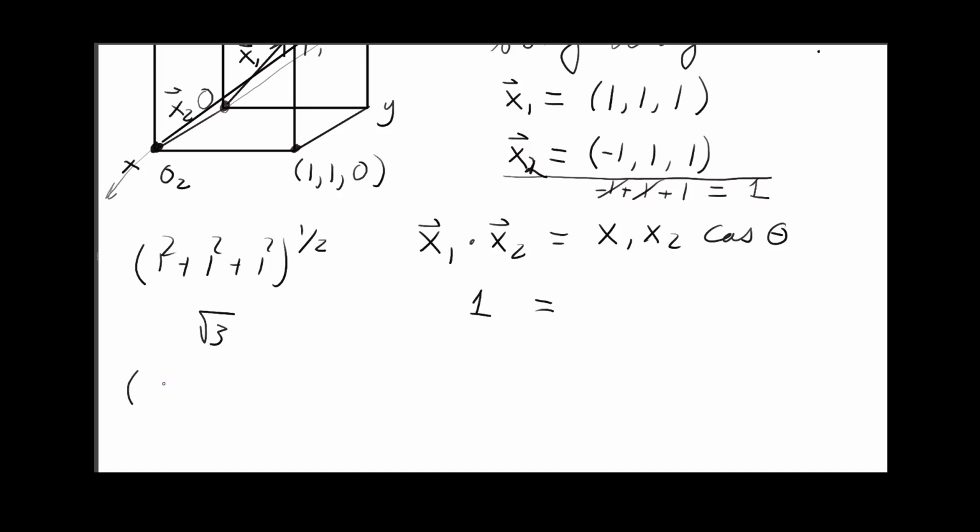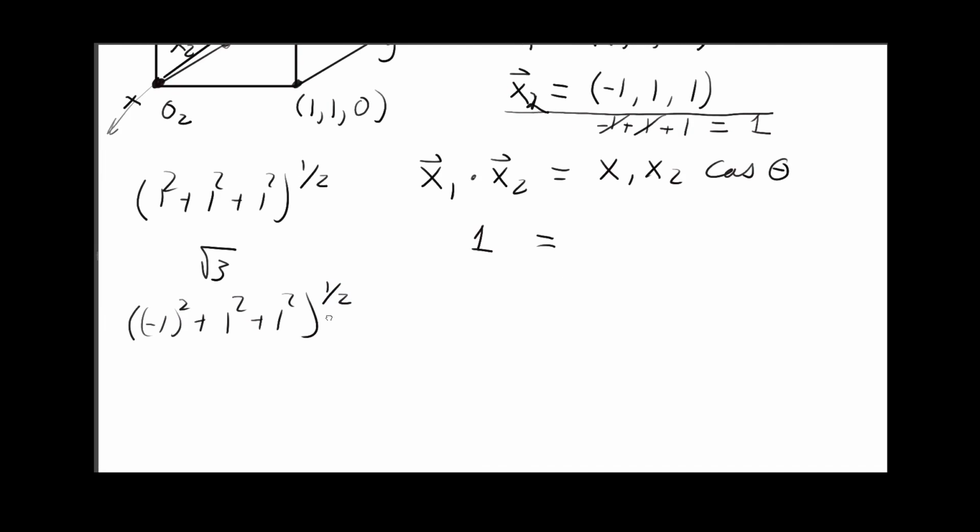Negative 1 squared will just be 1 anyway. But on a deeper level, the cube isn't changing dimensions in any direction. So the fact that we needed a different origin and one of the vectors was negative shouldn't change the magnitude. So we get the same magnitude, and we have a pair of square root of 3's.